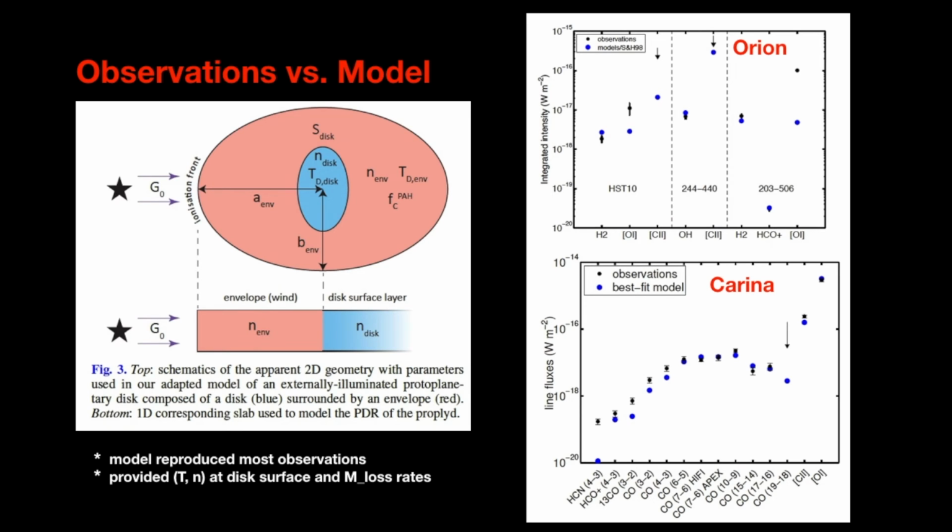The Herschel data was then combined with archive observations and analyzed with a 1D PDR model based on the Meudon code. This model reproduced most of the observations and provided the physical conditions, that is, the temperature and the density at the surface of the disk.